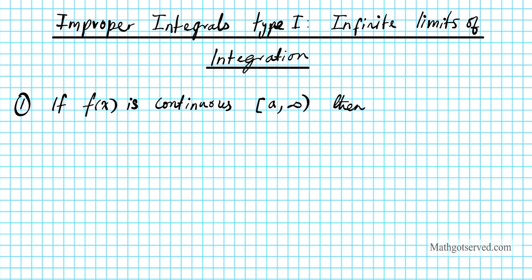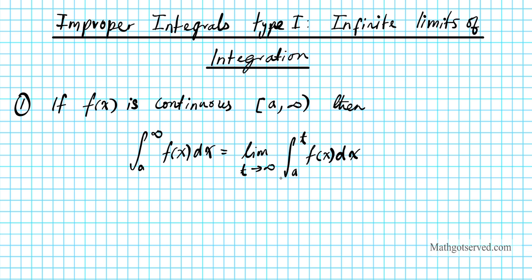Then the improper integral from a to infinity of f of x dx is equal to the limit as t approaches infinity of the integral from a to t of f of x dx. Okay, so let's take a look at this notation real quick. What is this? What's happening here?